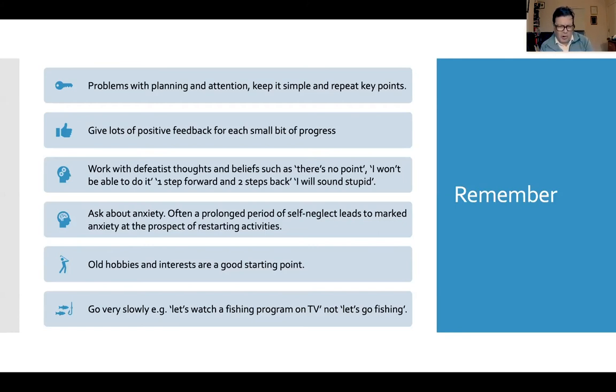Remember, old hobbies and interests are a good starting point. And with very many negative symptom people I've worked with, that has been the important starting point.